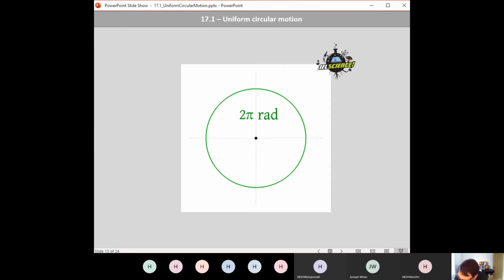So if there's 2 pi, so one whole circle, let's say 360 degrees is equal to 2 pi radians. So let's work out what 1 radian is in degrees. Well, 1 radian, 1 divided by the total, divided by 2 pi, multiplied by 360 will give us our answer in degrees.